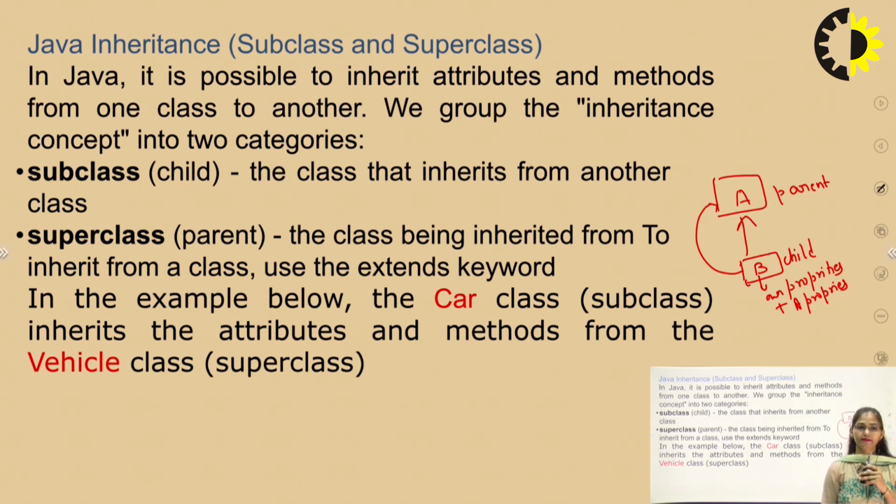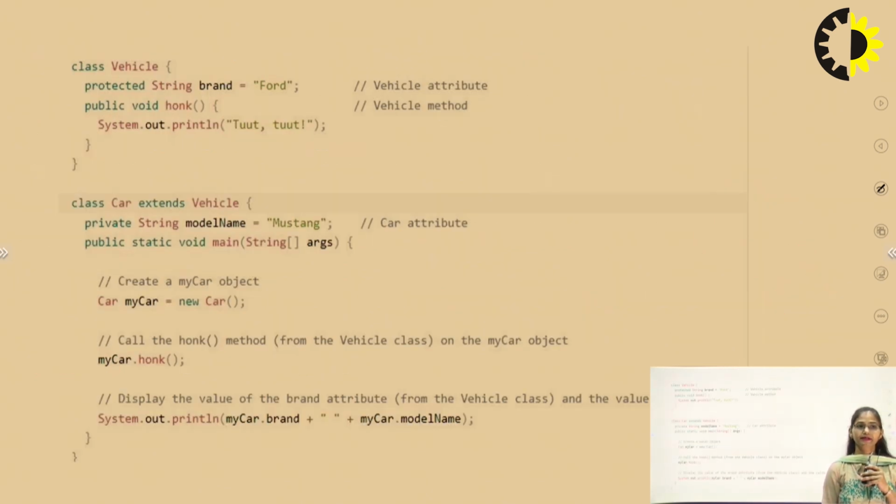Now we are quoting an example here, using a vehicle. Suppose we have created a class Vehicle, in which we use the protected modifier and the public modifier. We have given a method honk, and the protected variable is provided with the string value brand. Suppose the class Car is extended here with Vehicle.